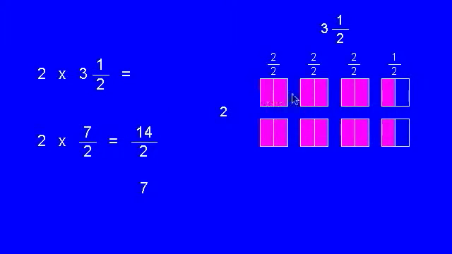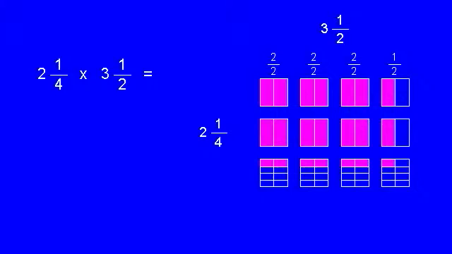So now you have 2 rows of 7 each, and the pieces are the same size. So you have 14 pieces, but those pieces are now halves. If you put the 2 over 1, you can do what we did with simple fraction multiplication. 2 times 7 is 14, 1 times 2 is 2, and that reduces to 7.